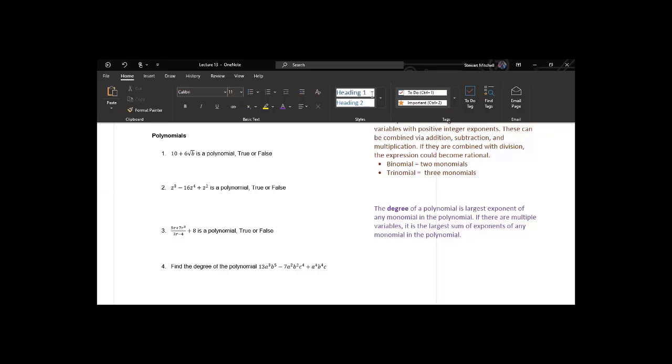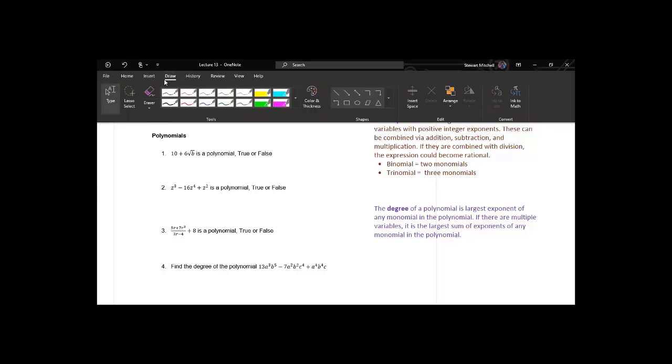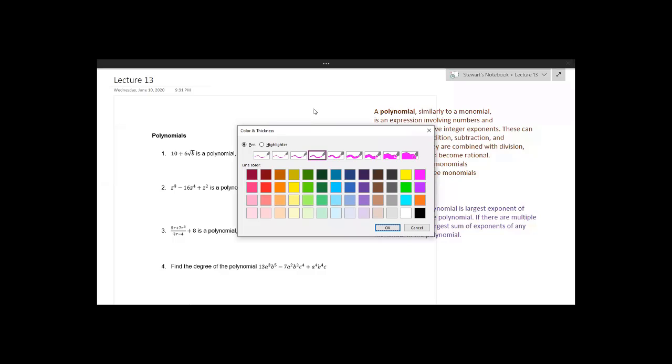And then the degree of a polynomial is the largest exponent of any given monomial in the polynomial expression. If there are multiple variables involved, you have to add the different exponents of the different variables in each monomial and see which one is largest, which we'll see later on. Okay, so moving on from here.